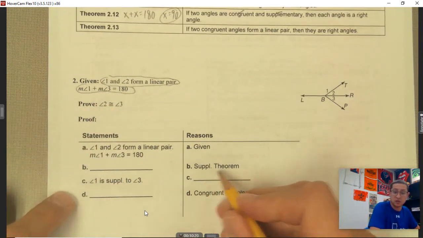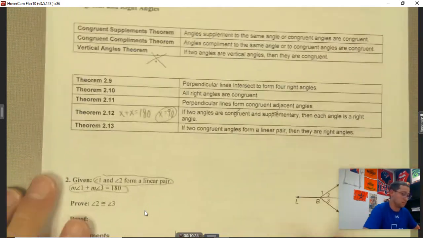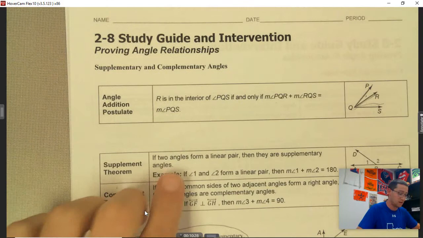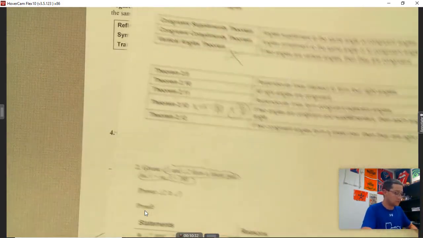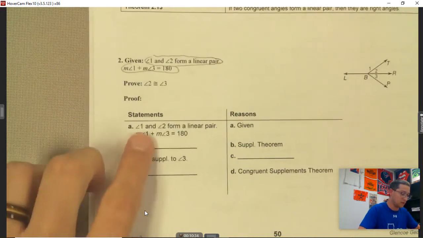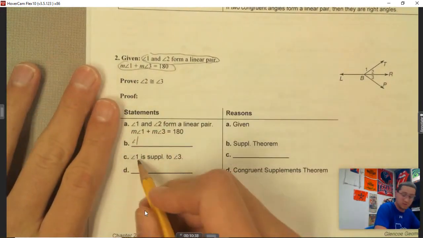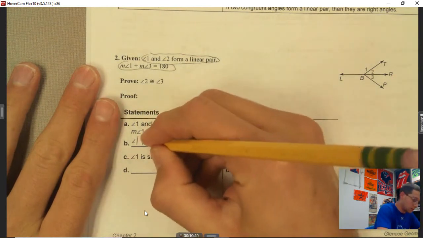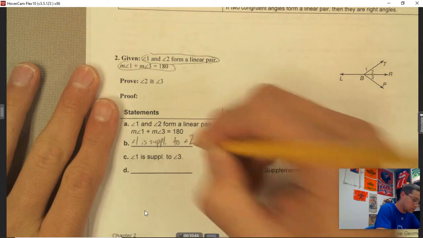The supplement theorem. Well, the supplement theorem just says that, let's just recap it, if two angles have a linear pair, then they're supplementary. So all we're saying here is we will say angle 1, let's be consistent here, angle 1 is supplementary to angle 2.